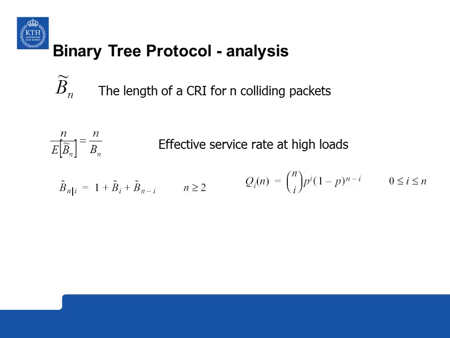And the probability distribution of i, given that there are n packets in the collision, is simply a binomial probability distribution, provided p is the probability that a station flips a 0.